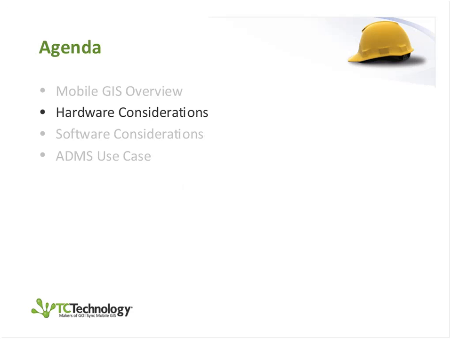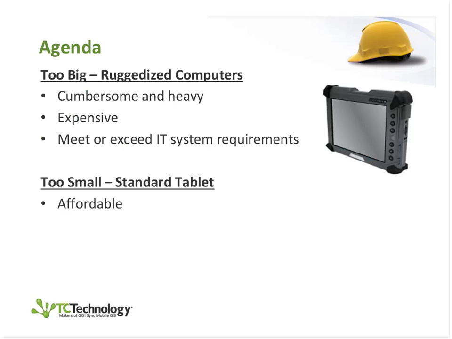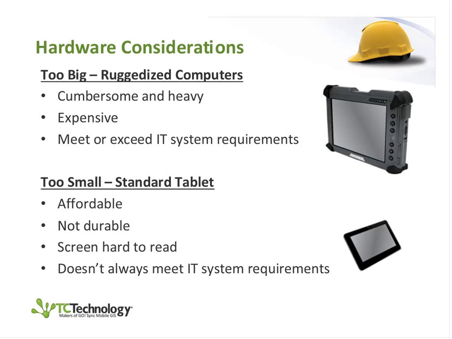So how do you pick the right hardware for doing a deployment of mobile GIS at a utility organization? Well, there's a couple of different ways that you can look at things, and historically what folks have looked at is these big ruggedized laptop computers that can handle falls, that meet various mil specs, that can stop bullets, so to speak.